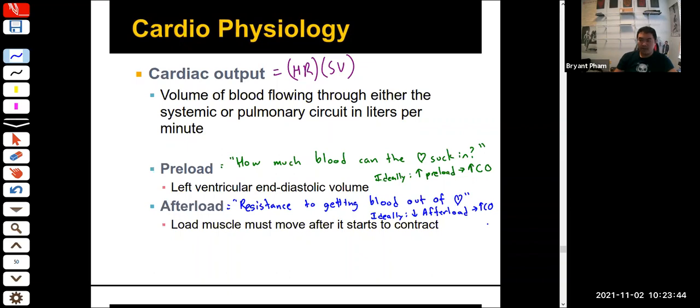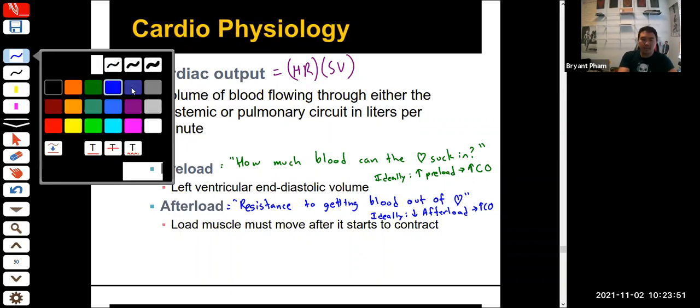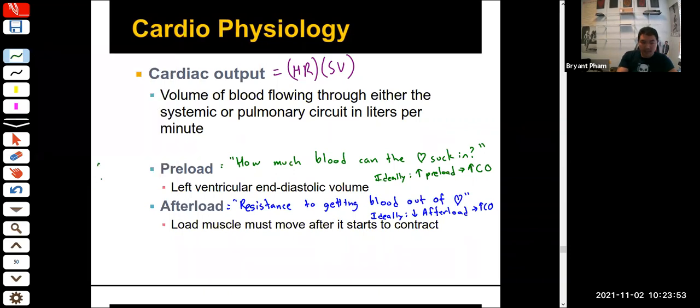Be careful here. Students confuse preload and afterload a lot. Preload is how much blood. Preload is a volume. Afterload is a pressure. Okay. So just be careful there. These are two different things. They're not both volume.